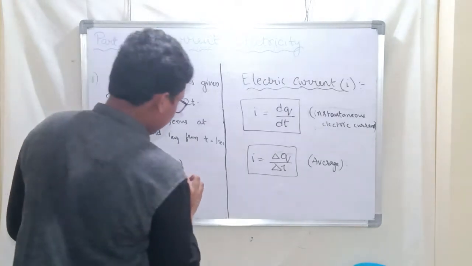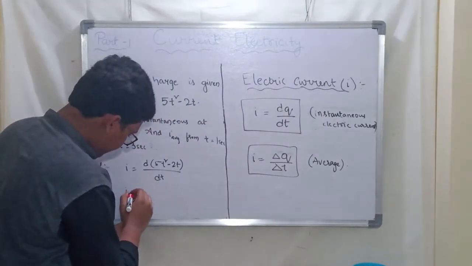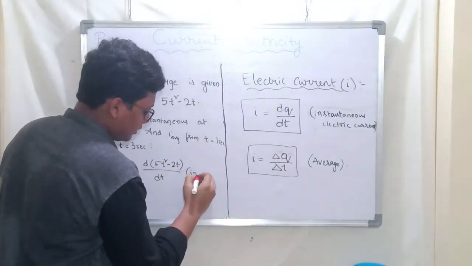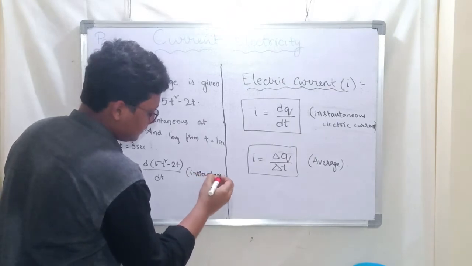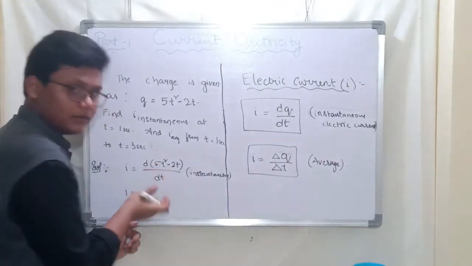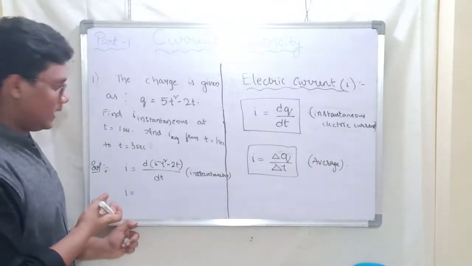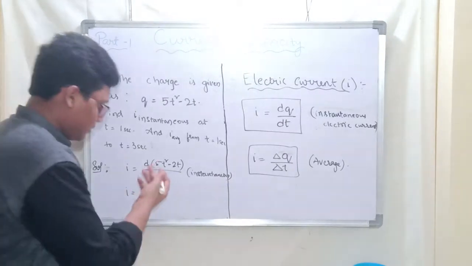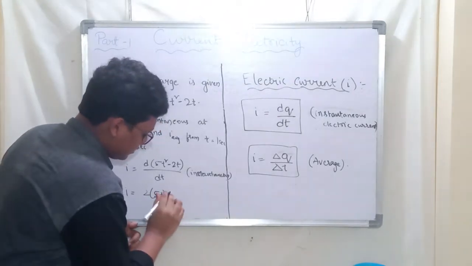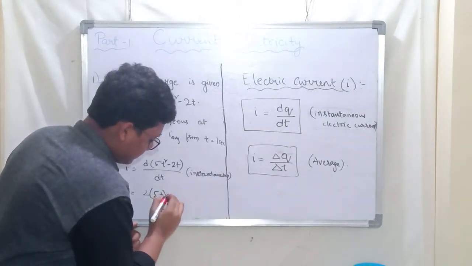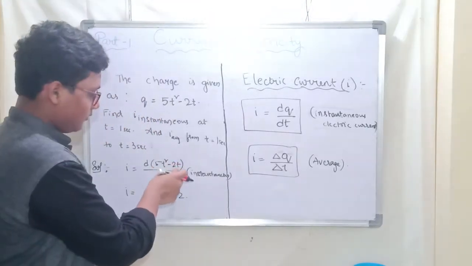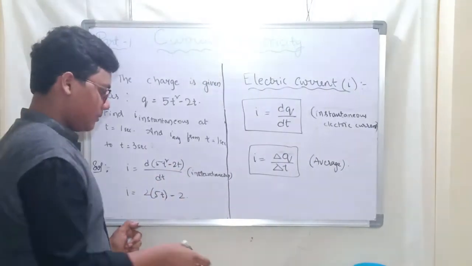The derivative of t^n is n t power n minus 1, so 2 into 5t minus 1 into 2 into t power 0, which is 1.